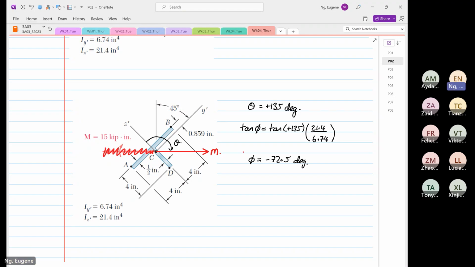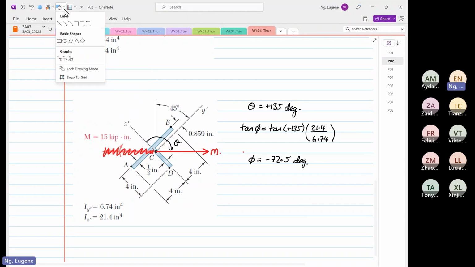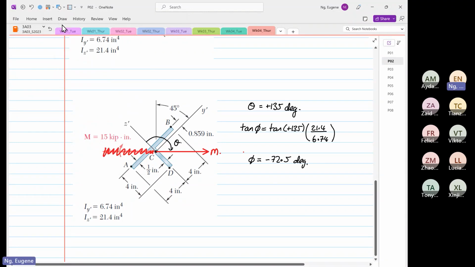All right. So the position of the neutral axis is still the same, but something changed. Okay. So I'm again going to sketch the position of our neutral axis. Again, it is at minus 72.5 degrees.